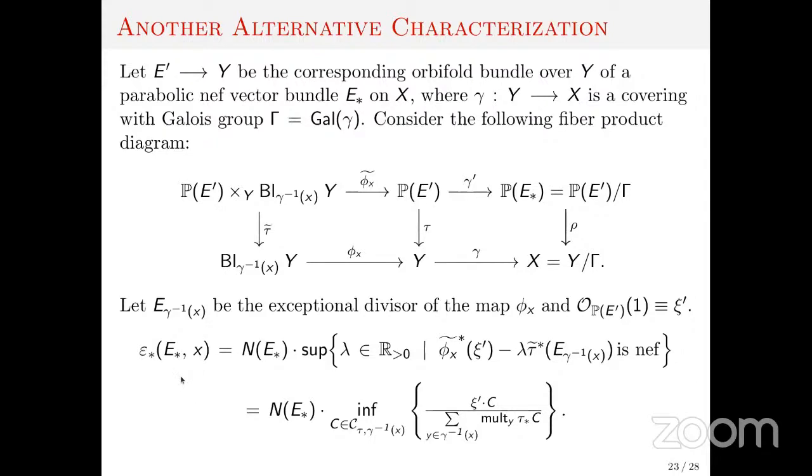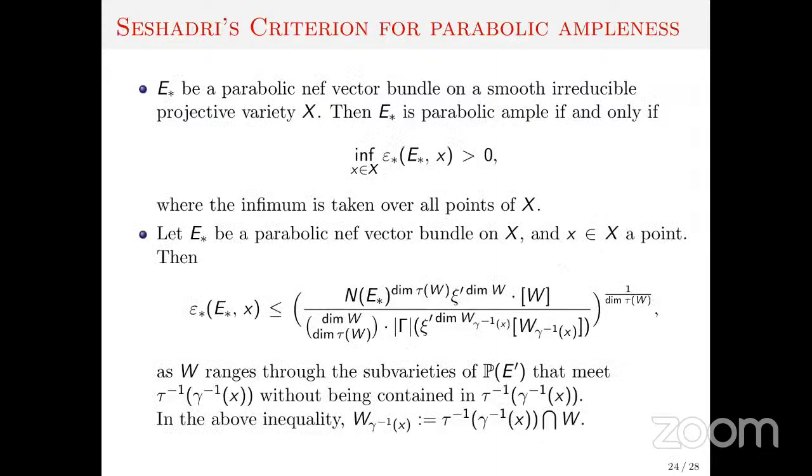Okay, these two characterizations are important to prove our theorem, and we have shown that if E star is a parabolic naive vector bundle, then E star is parabolic ample if and only if the infimum of the Seshadri constant at every point of X is strictly positive.